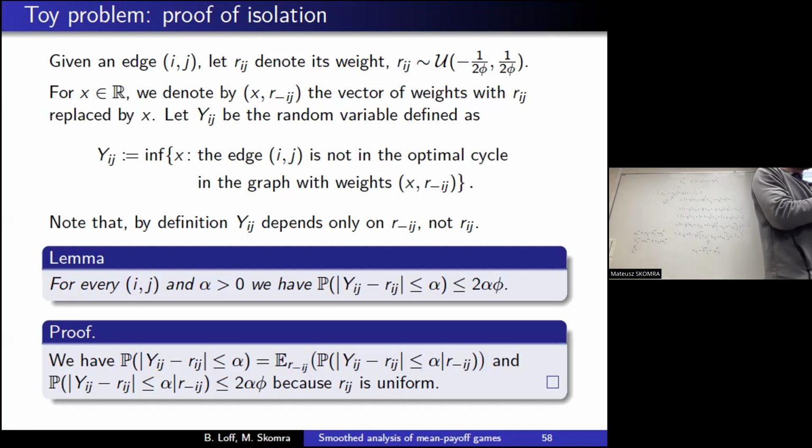I take the infimum of all x's such that this edge is not in the optimal cycle when I replace the weight of the edge ij by x, keeping all of the other edges fixed.